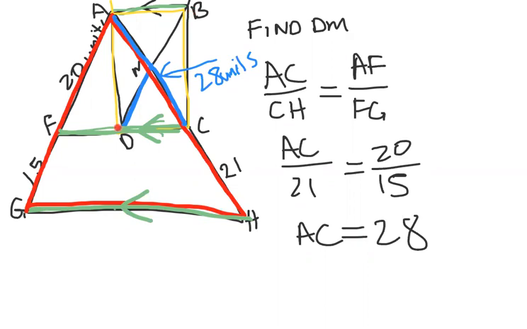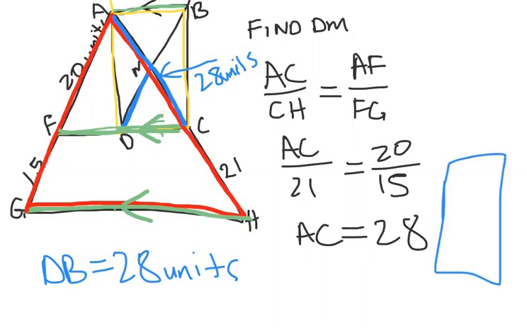If that's a rectangle, then AC is one of the diagonals, and that will equal DB. So AC is 28, that means DB is also 28 units.